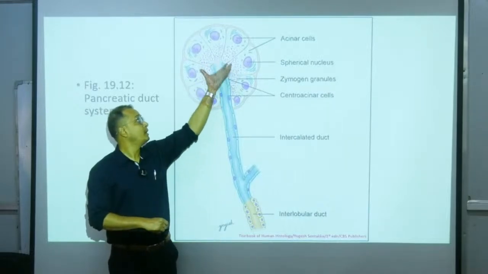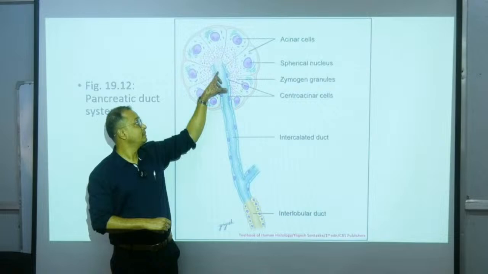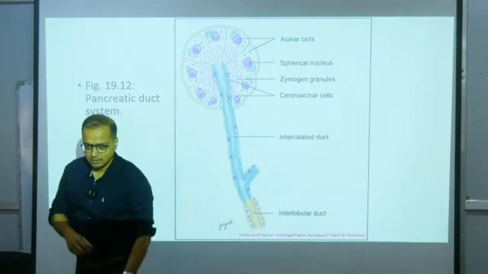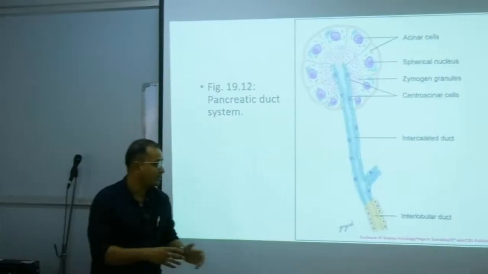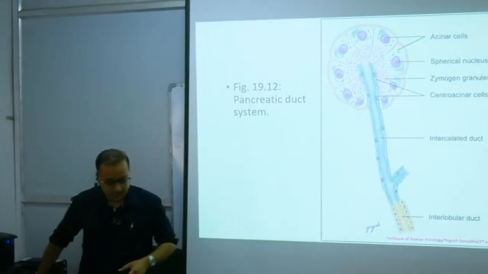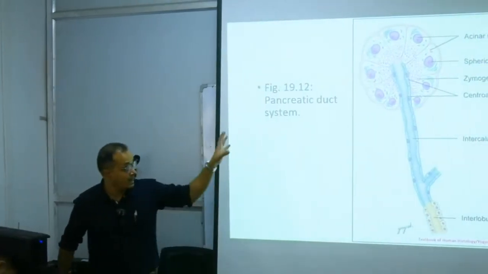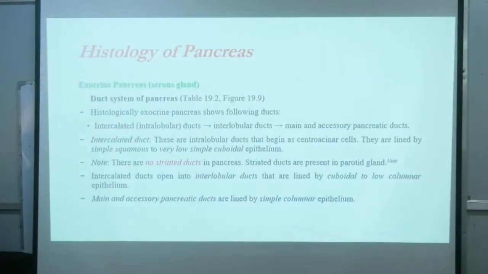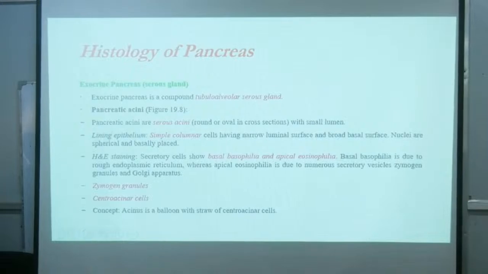And the secretions burst into the duct system and are carried through the channel system to the main duct, accessory duct, and to the ampulla of Vater, to the second part of the duodenum. So this is the exocrine unit of the pancreatic system. Now talking about the duct system and the acini, which are serous acini.